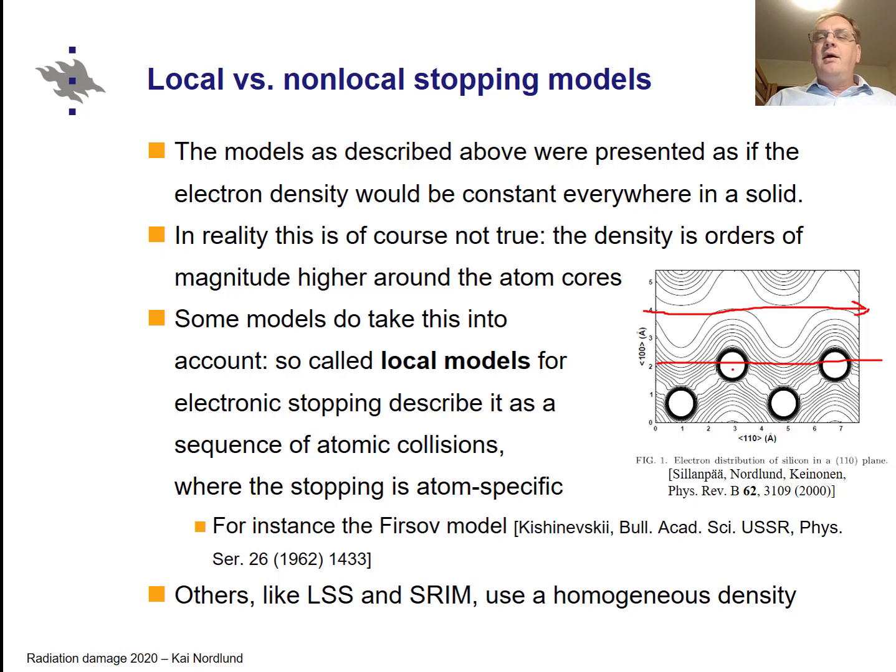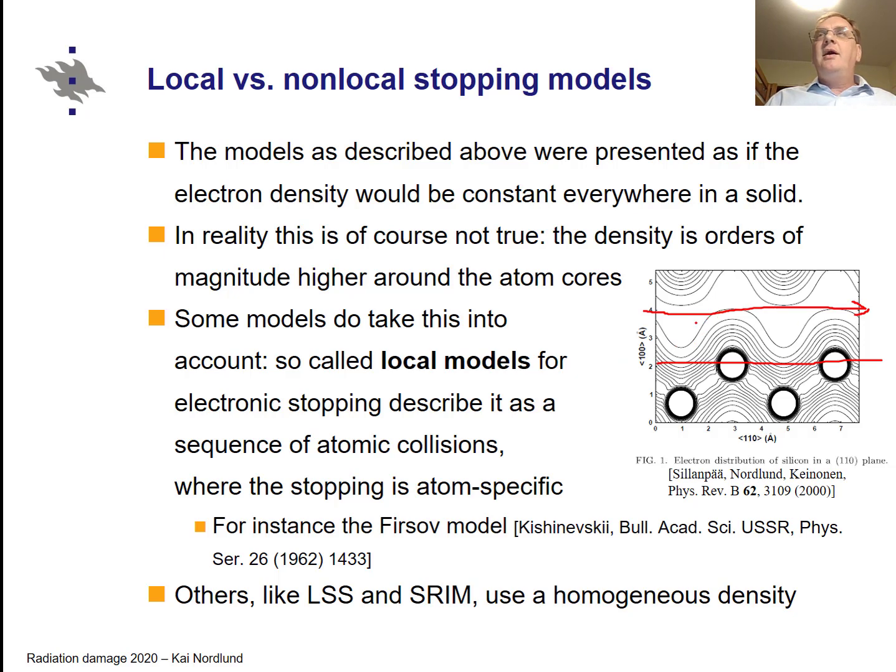The nuclei are of course femtometers in size, so that's 5 orders of magnitude smaller than these electron density shells, so we don't really need to care about the nuclei. The probability of hitting a nucleus is very low. So considering there are huge differences in electron density, it's a reasonable assumption that the electronic stopping would actually depend on where the ion is.